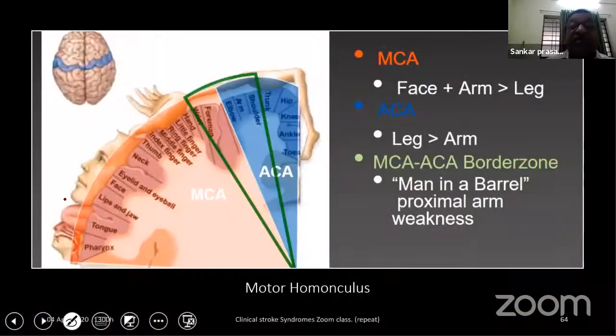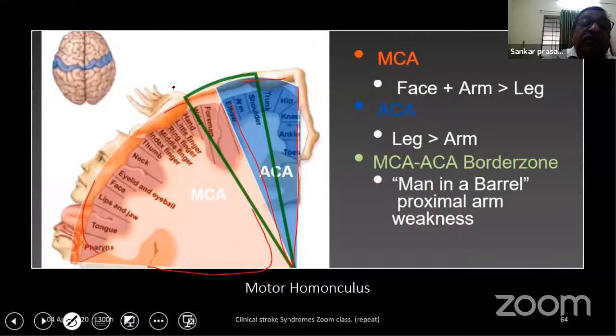In the motor system, you can see the middle cerebral artery territory is this big, the anterior cerebral artery territory is this big. So the homunculus, you can see how much area the hand is occupying, the thumb is occupying, the leg is occupying, the face is occupying. There's hardly any area for the trunk.